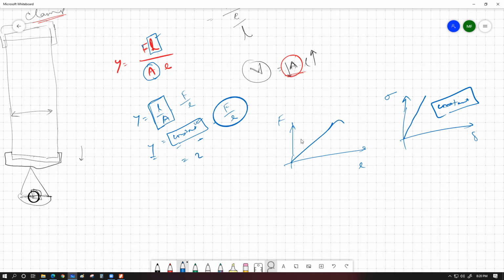If this graph has a shape like this, the other is going to have the exact same shape. You're going to have the same shape of force versus extension graph and stress versus strain graph considering your syllabus, because we are considering the cross-sectional area to be constant.